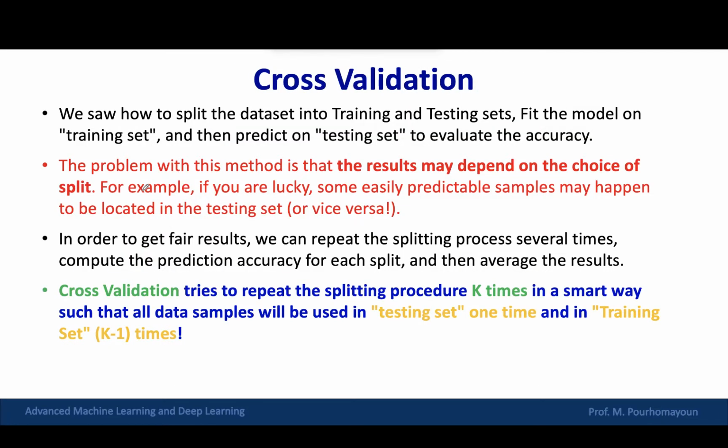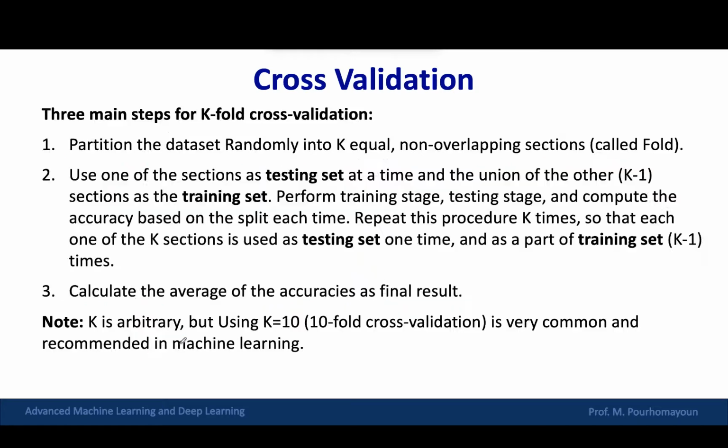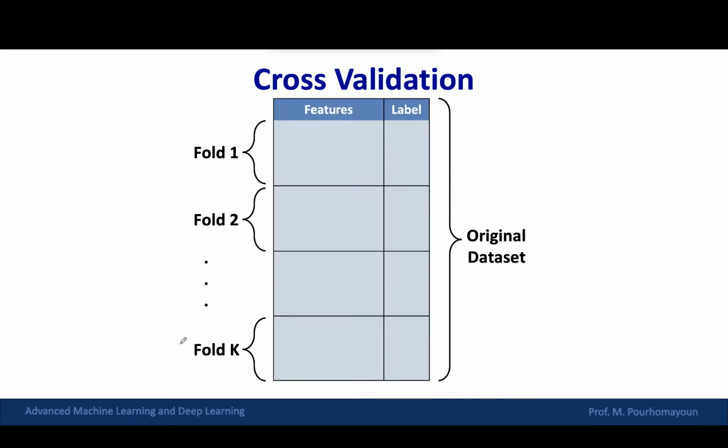Cross-validation is a smart way of repeating this process so that we make sure that every sample will be used one time as a testing sample, and if we do k-fold cross-validation, other samples will be used k-1 times as training. So this is the process.